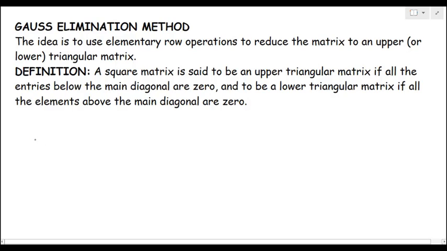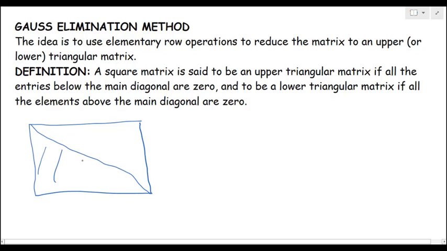With that I mean, for a square matrix A, this is the leading diagonal. If the values on this side, all of them are 0, and the values on the unshaded part, not all of them are equal to 0, then that is an upper triangular matrix.